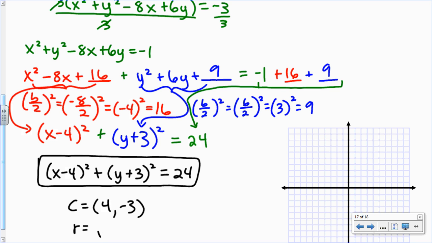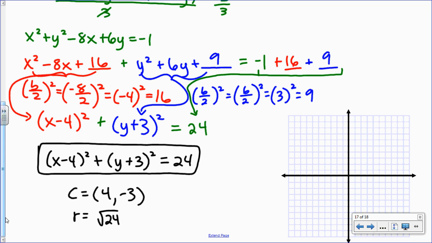And the radius is the square root of 24. 24 simplifies because 4 goes into it, so it's 2 square root of 6. But since I have to graph it, I want to know approximately what it is. 4.9. Good. Okay, so now I can graph. So 4, negative 3.